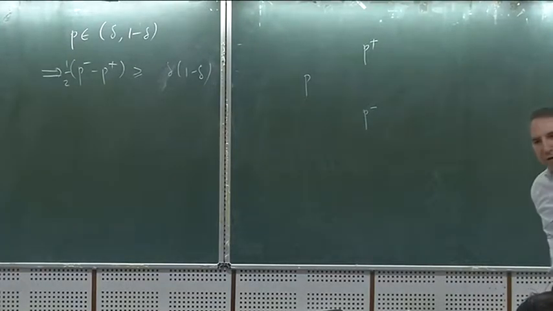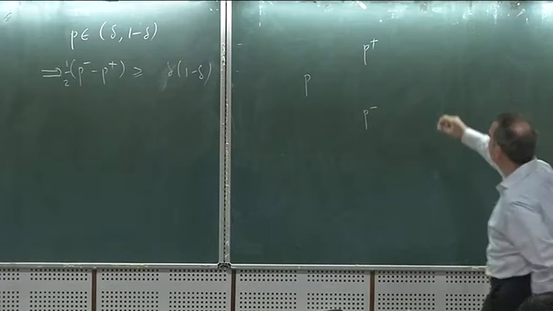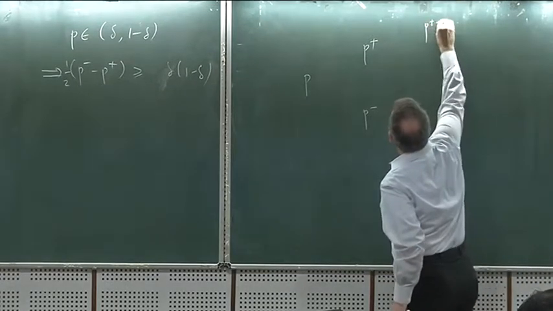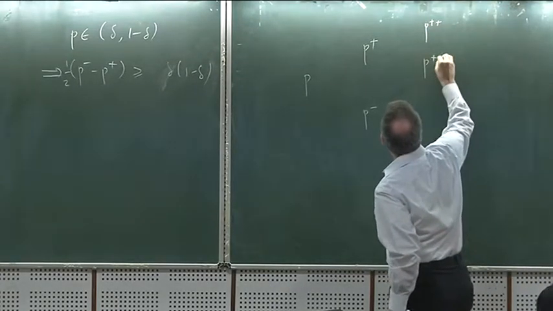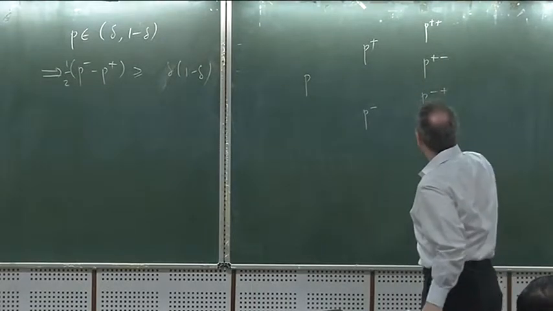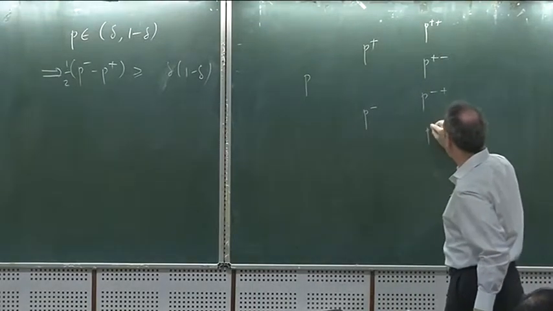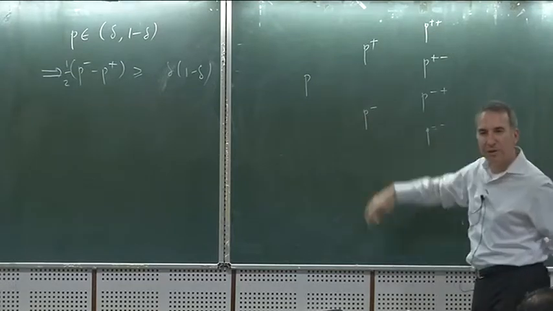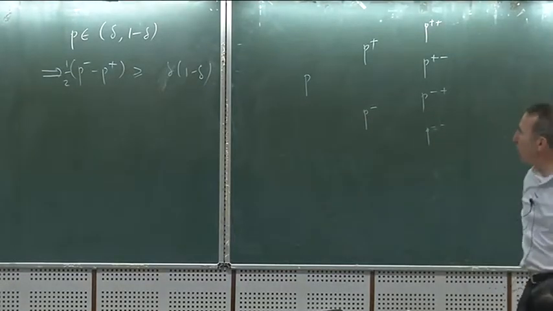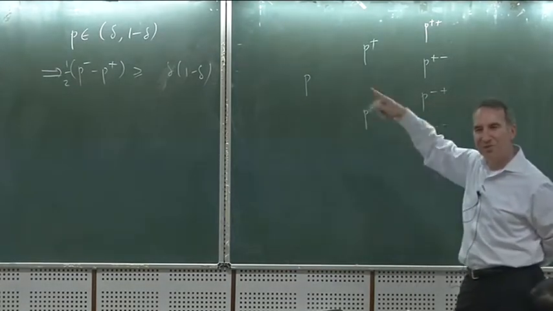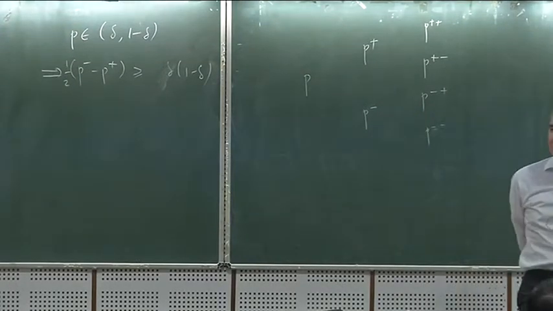I apply the transform once. I get these 2 numbers here. The next column of this table is P plus plus, P plus minus, P minus plus, P minus minus, which I derive from the second column, maybe it's called the zeroth column, let's say, because there are 0 signs on top of the P.